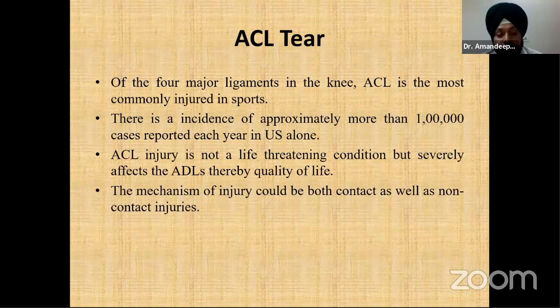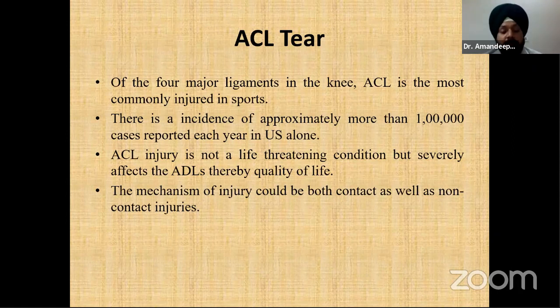Because there is instability at the knee joint, the patient complains of anterior buckling of the knee. When the patient is in weight-bearing position, the knee buckles forward. That's why the patient's quality of life is not good.